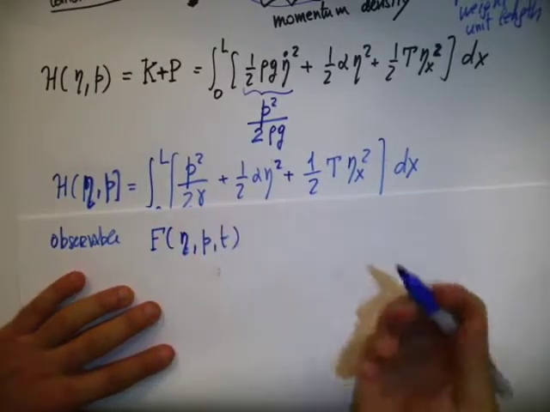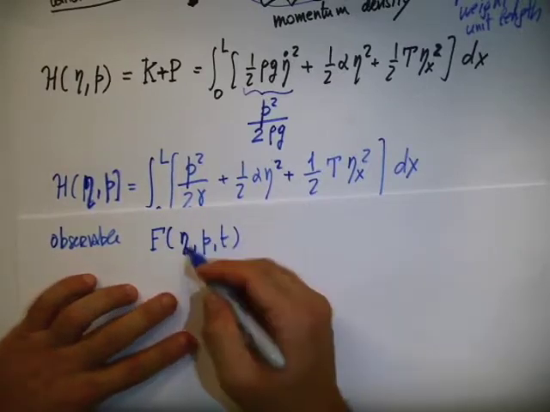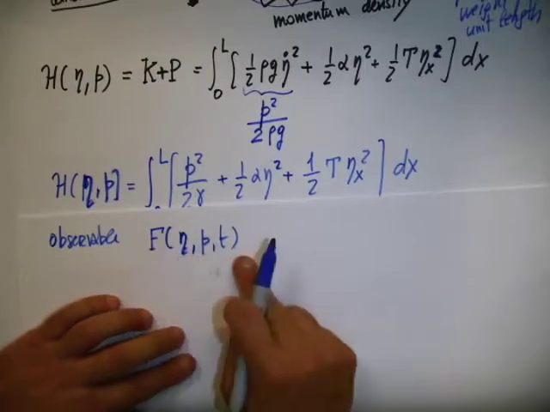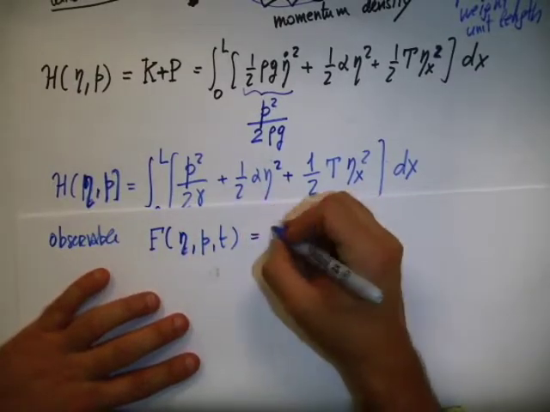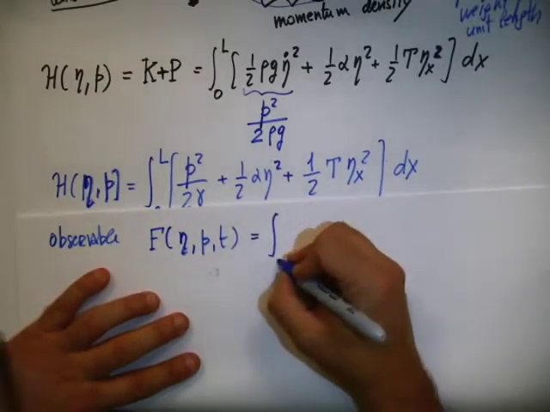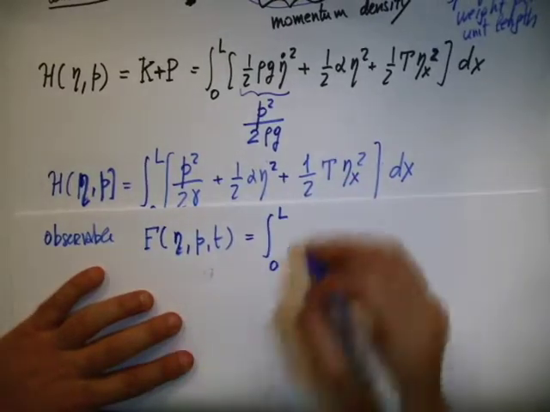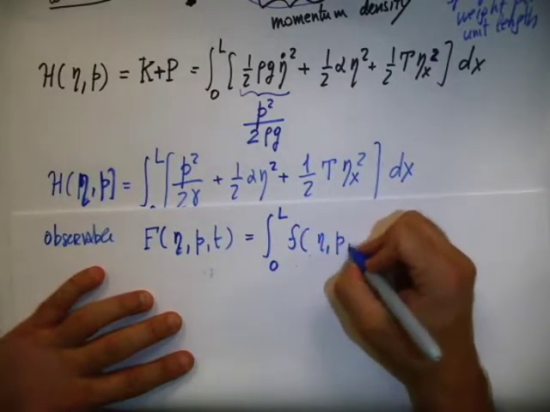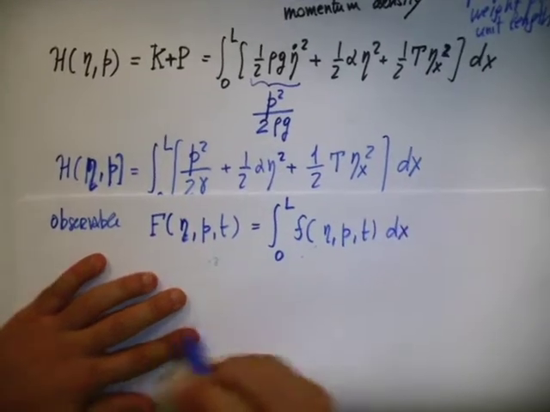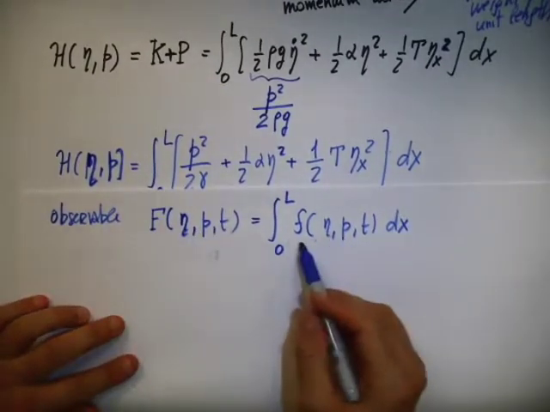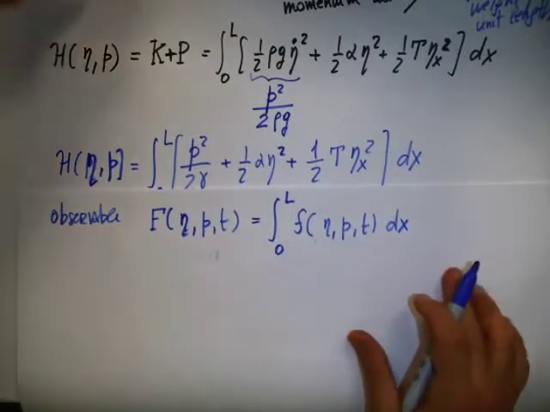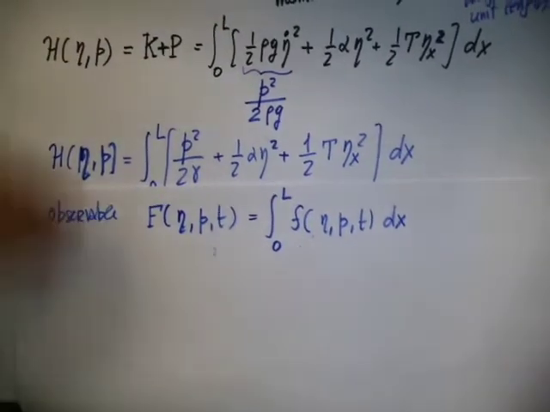In theory, we can even include the partial derivatives, but for now, let's keep it simple. Let's consider an observable given by the integral between 0 and L of a function of eta, p, and t in delta x. So this is the total observable, and here we have the observable density, because we always need something that is distributed in space.